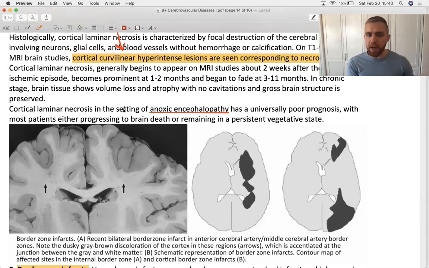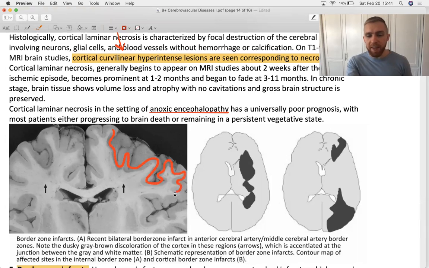Remember that the cortex of your brain, the outermost layer, is structured in layers like a layer cake or like the layers of the earth, right? So you've got layer 1, 2, 3, 4, 5, 6 all stacked up on top of each other. And this pathology is death of only one or two of those layers. So when you look at it on MRI, you see a curved layer of tissue death in the cortex of the brain.